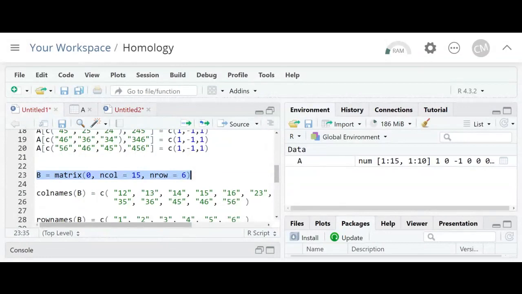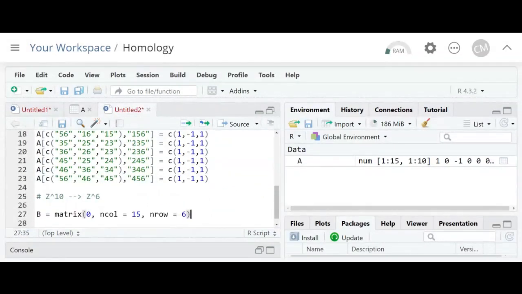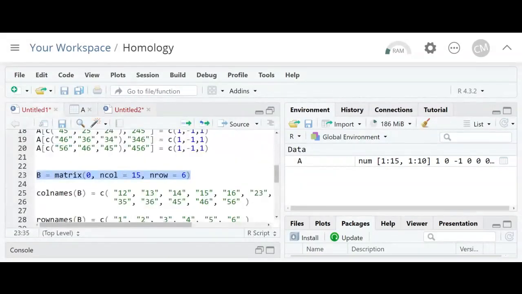You're going to create a matrix. So this time it would be, oh, sorry, there is a mistake here. I wrote Z15. Let me look back.